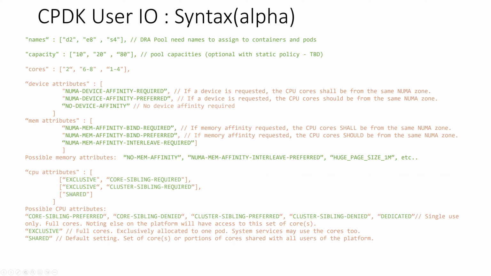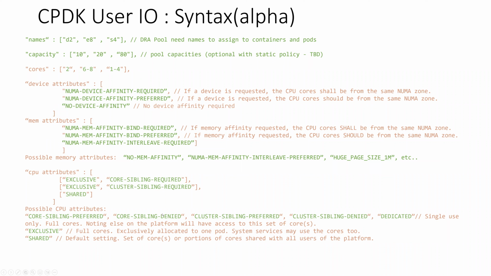Then more interestingly there are also CPU attributes in terms of siblings. So we could have core siblings preferred. Core siblings preferred means basically if you have a pod and container requesting several cores, you try to put them first to populate all the siblings on the physical core.